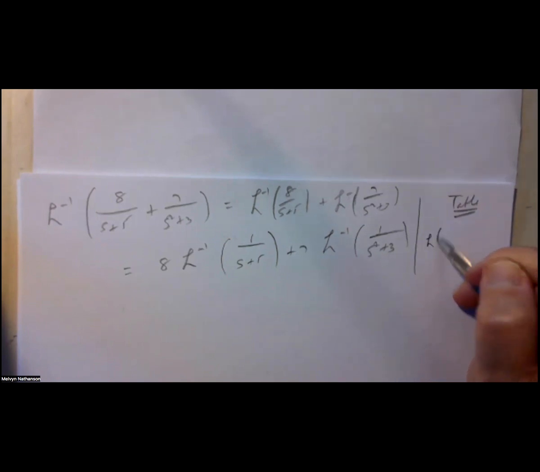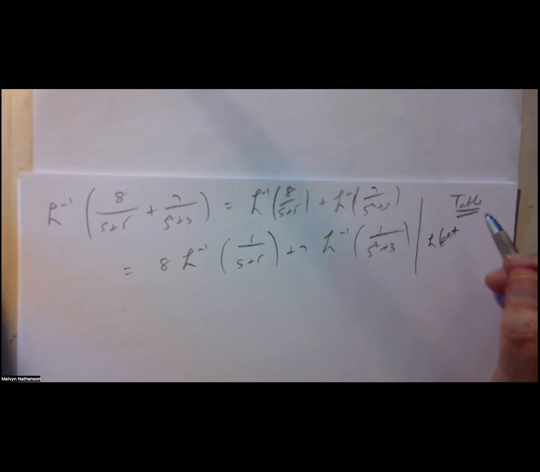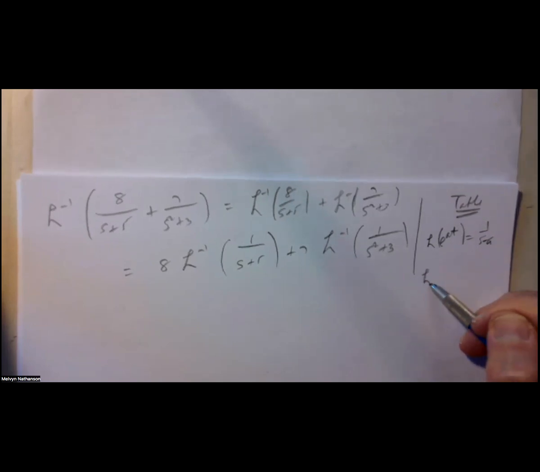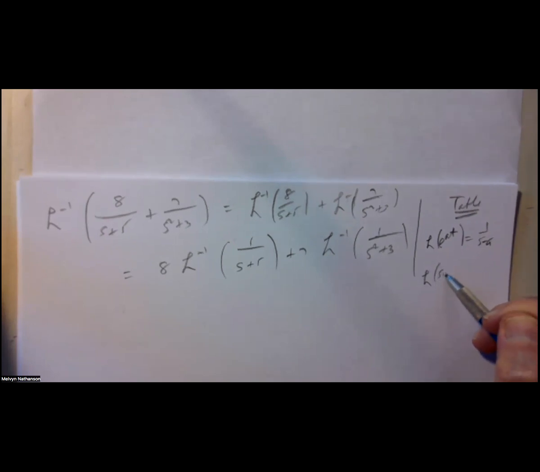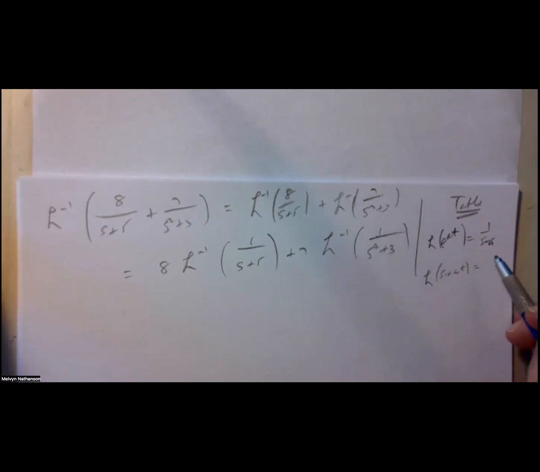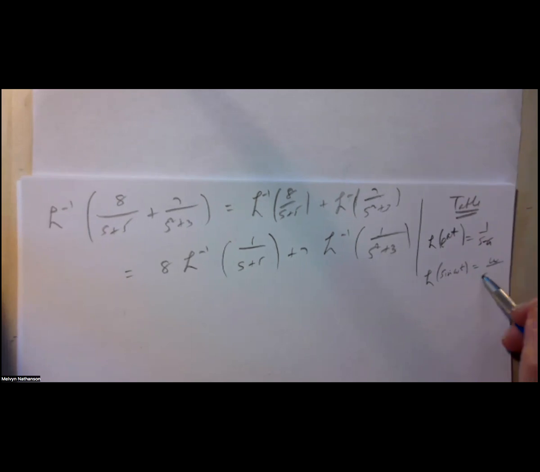So from the table, I see that the Laplace transform of e to the at is 1 over s minus a, and the Laplace transform of sine omega t is omega over s squared plus omega squared.